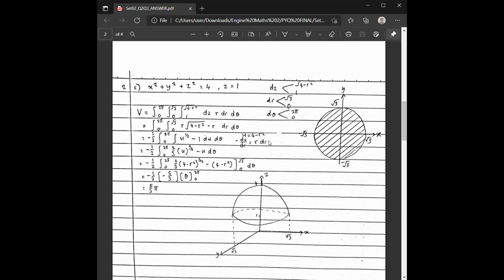If necessary, like in this question, we need to substitute our value so that we can solve it easily. After we calculate and integrate, we get 5/3 pi.